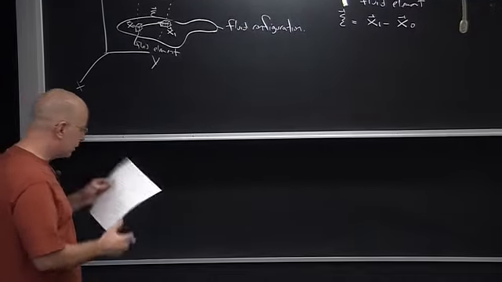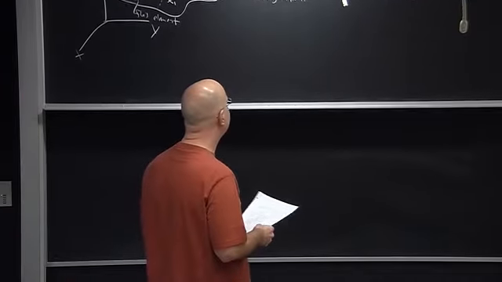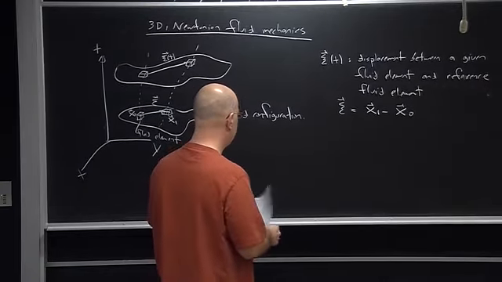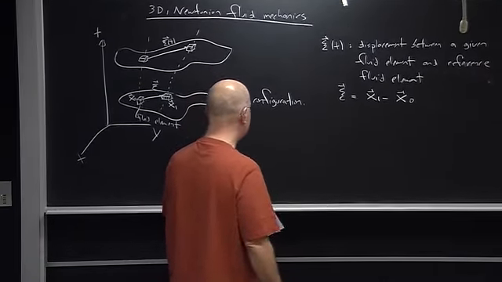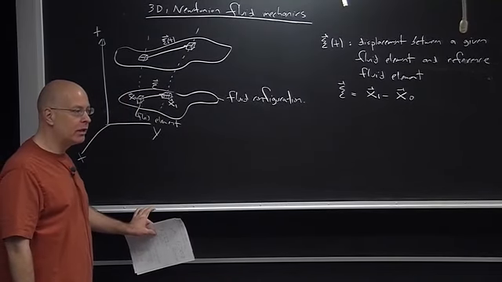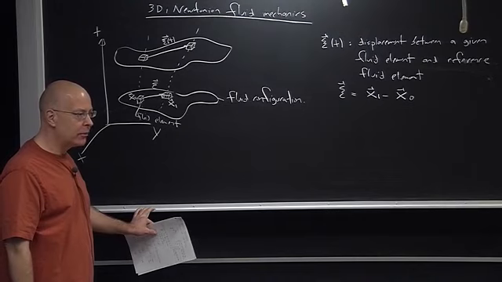So that was the definition of the displacement vector in this case of fluid dynamics. A question that I could be asking then is, what is going to be the relative velocity between the fluid elements?